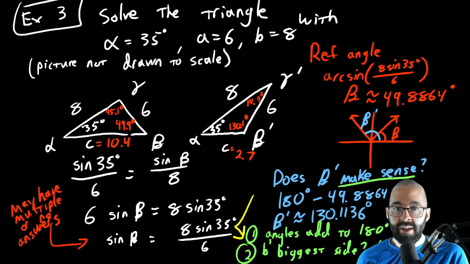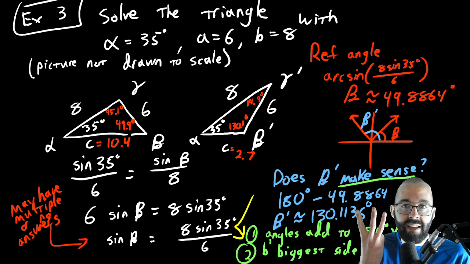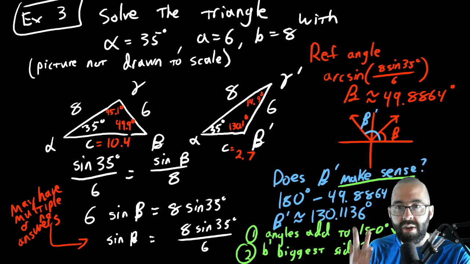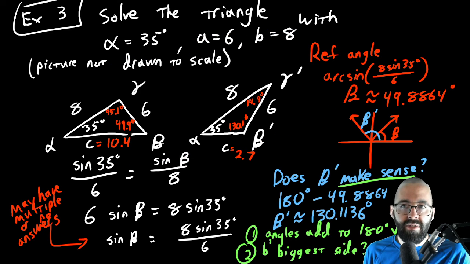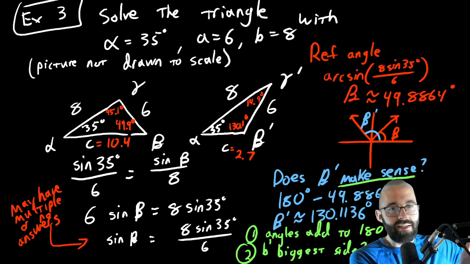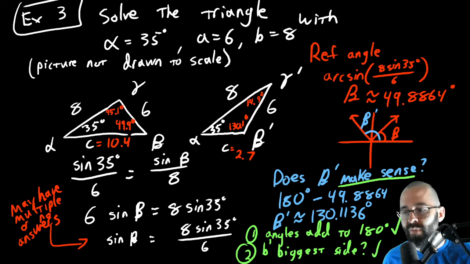In the third video, in Example 3, beta prime made sense, so we had 2 triangles. In the other example earlier in this video, 4a, beta prime didn't make sense, so beta prime doesn't exist. There's no second triangle in example 4a.